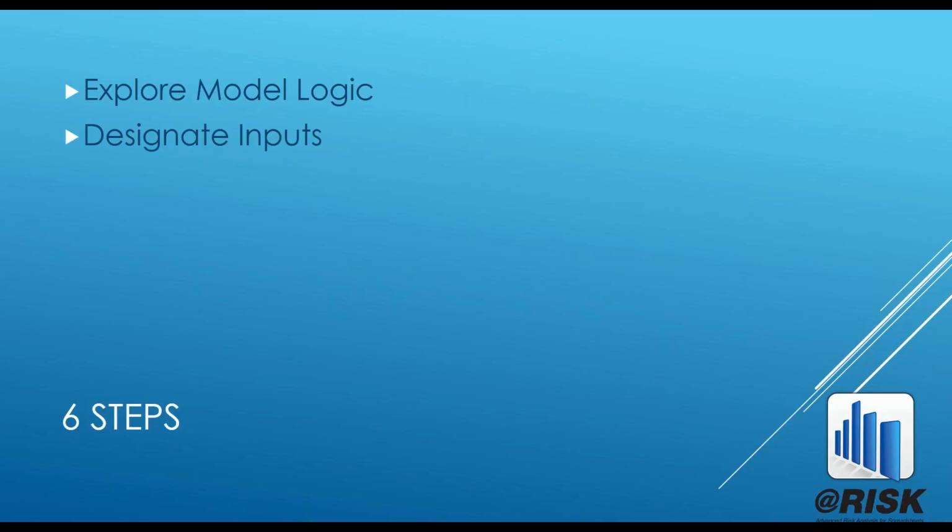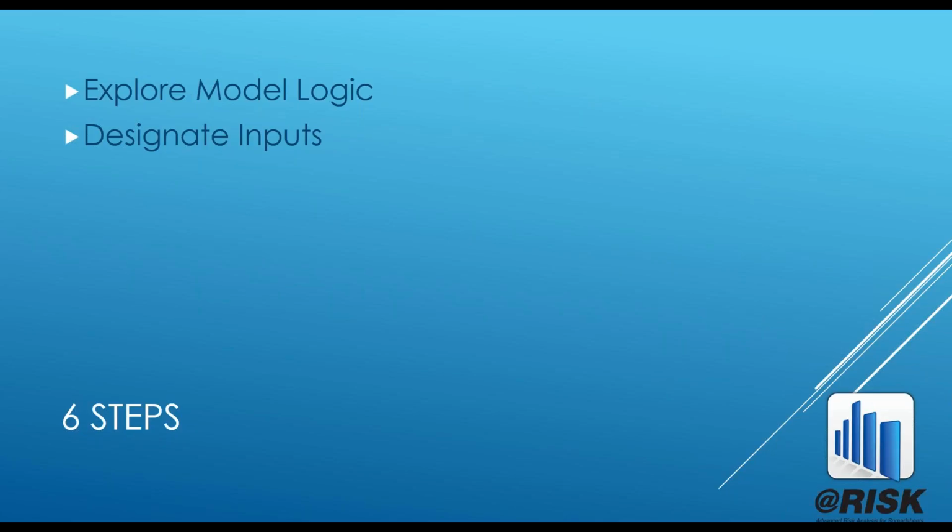But the reality is, in the real world, if you're doing a construction project, there could be thousands of different inputs. And the question is, are you really going to want to assign a distribution to every single one of those inputs? The answer is no. We want to assign distributions to the inputs that are going to have an impact on our output.